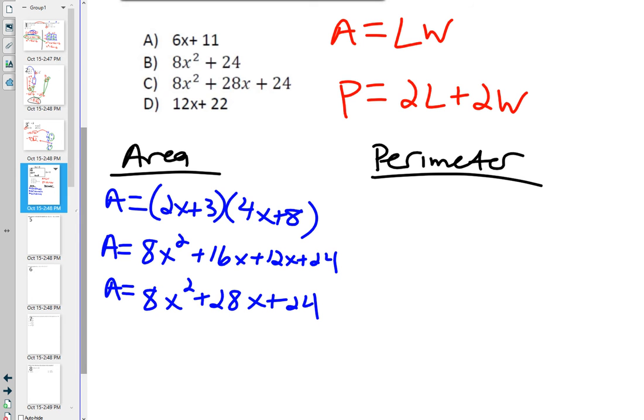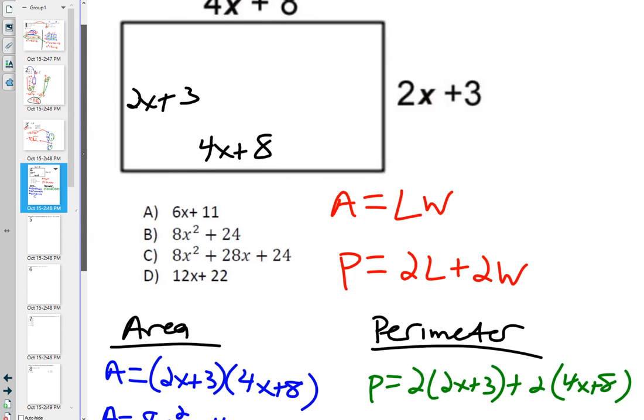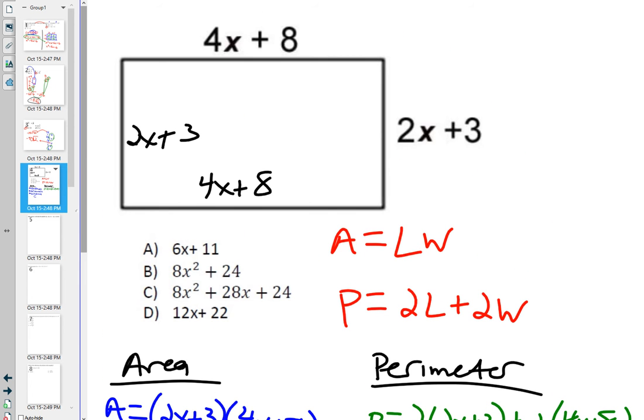But then you will also be asked for perimeter, and the perimeter would be 2 of those 2x plus 3's plus 2 of the 4x plus 8's. Or you could just come up here and say, if I go around the whole shape, how many x's do I have? 4x is 8, no, that's 6. You have 4x is 8.